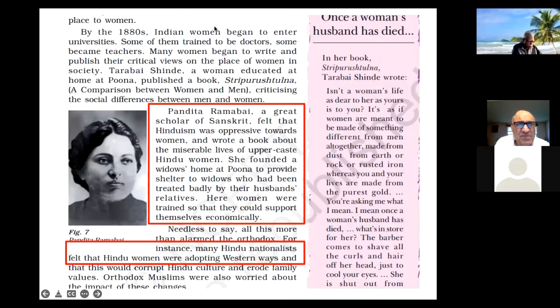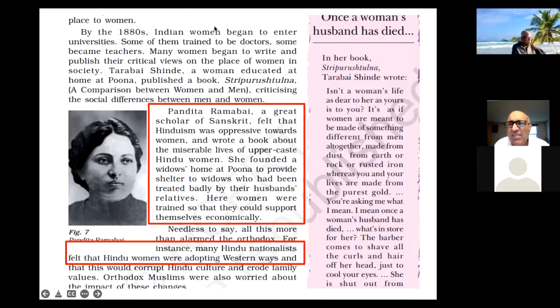Now what happened was that her brother died, so now she was left alone, and she was just about 17, 18 years of age. Then she got married to an advocate. By the time she was about 19 years of age. And by the time she was 20, she became a widow.